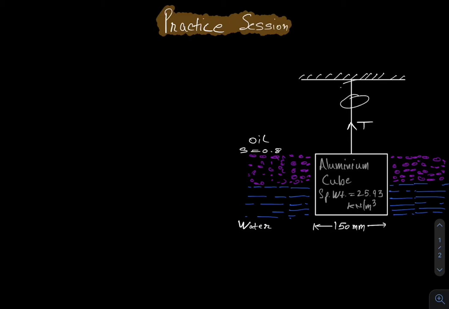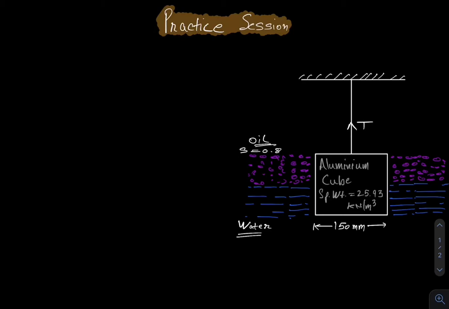Here it is suspended by a string. Water has a density of 1000 kg per meter cube, and we have oil of specific gravity 0.8. It is half dipped in water and half dipped in oil.